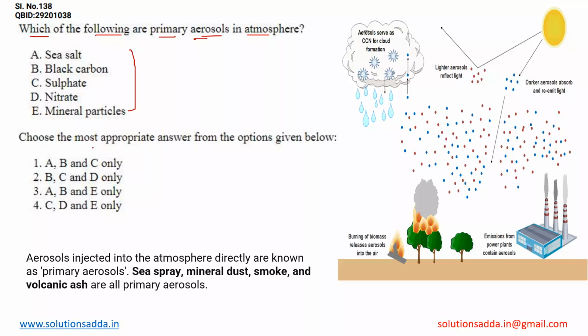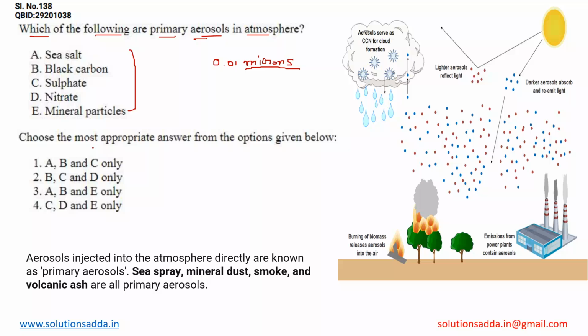Aerosols are a collection of particles present in the atmosphere, and their size would be around 0.01 microns. As you can see in the daylight, you can see small particles roaming around in the air.